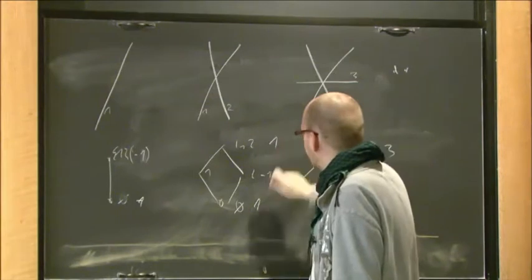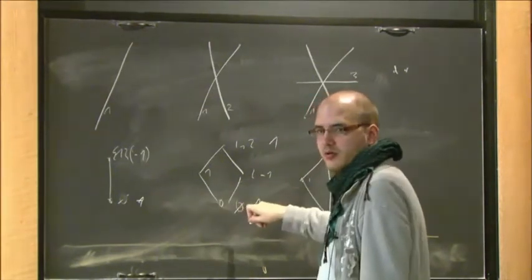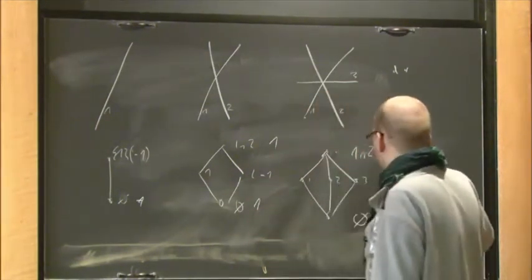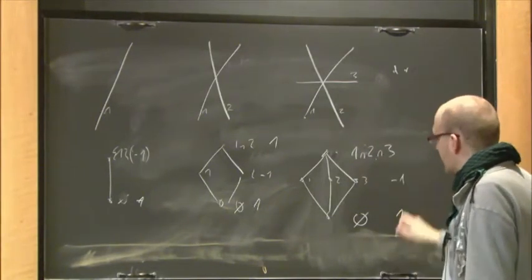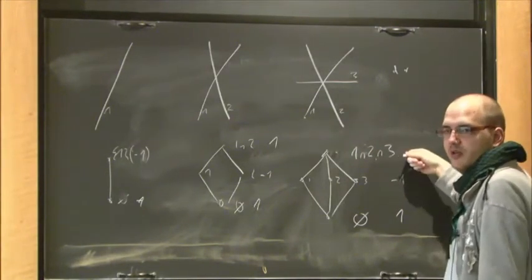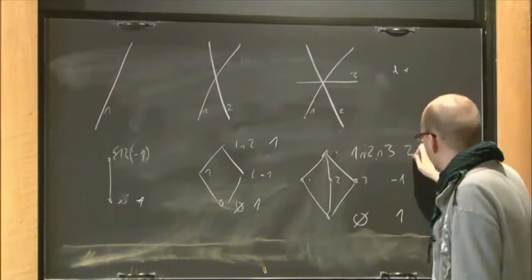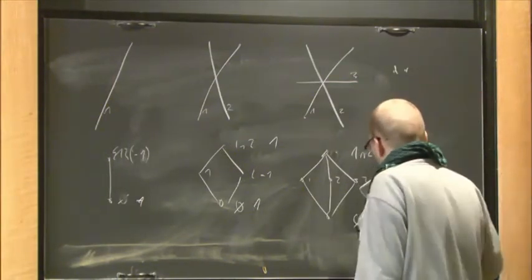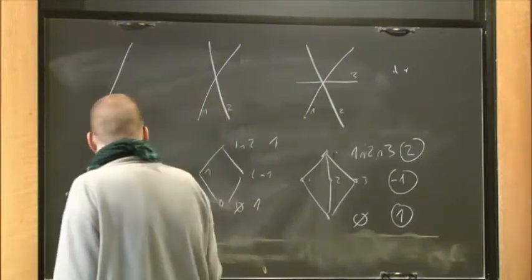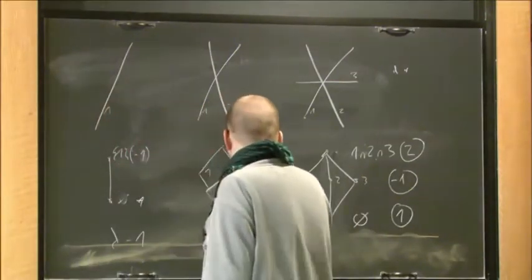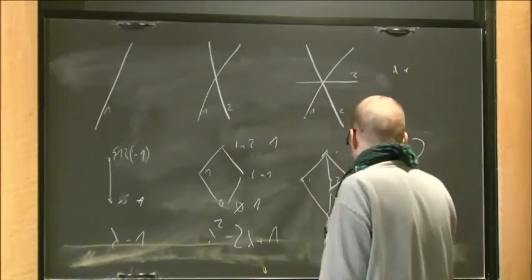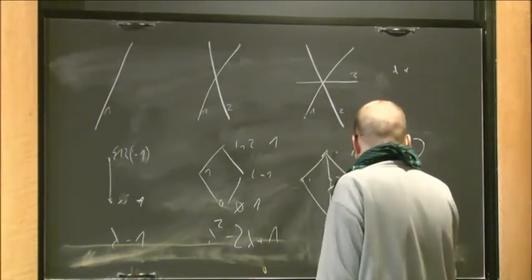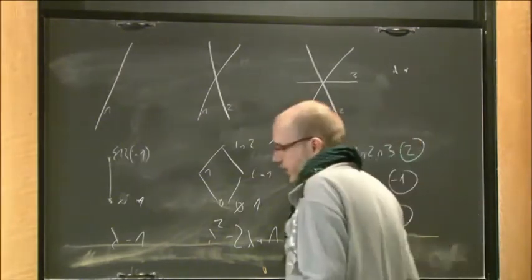This is 1, right? Because I sum up below and then take the negative. In here, it's 1. It's minus 1 here. Okay, this is clear. And what do I have here? 2. So my characteristic polynomial would be lambda minus 1, lambda squared minus 2 lambda plus 1, and lambda squared minus 3 lambda plus 2.